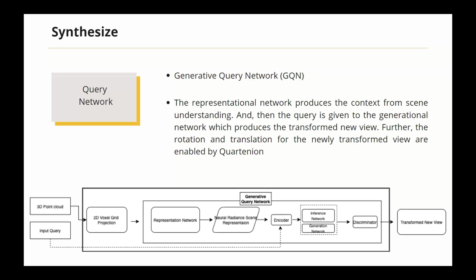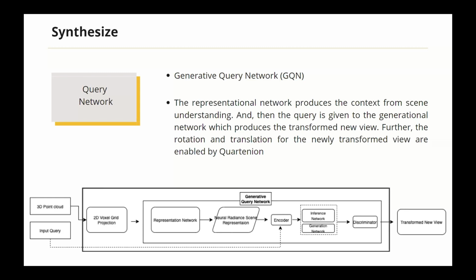The representation network helps in reconstructing the contents that were previously extracted using our scene understanding module. GQN basically has this capability of learning the probable situations and their geometrical characteristics. That is the reason we made use of GQN here, and at the end we get our newly transformed view.